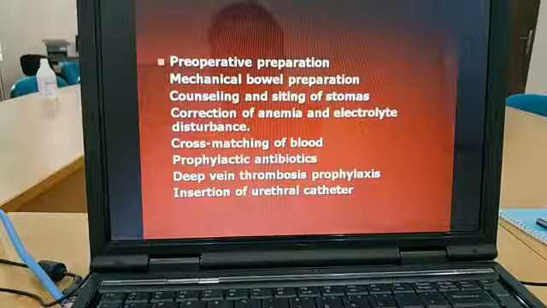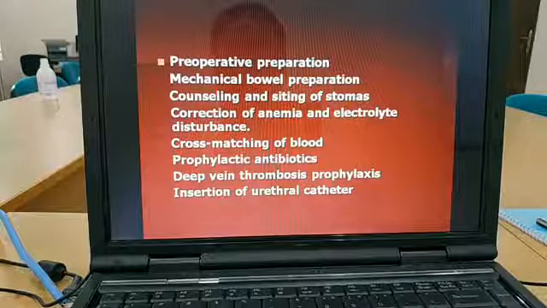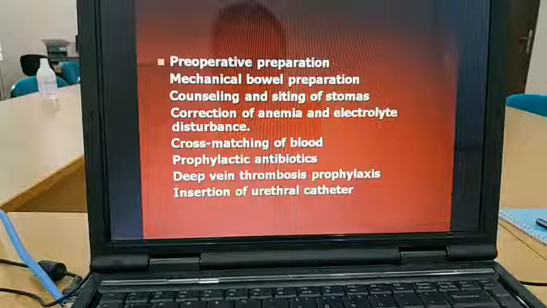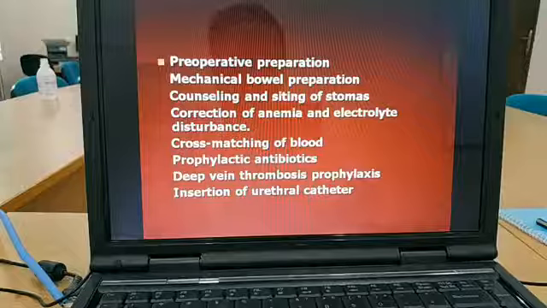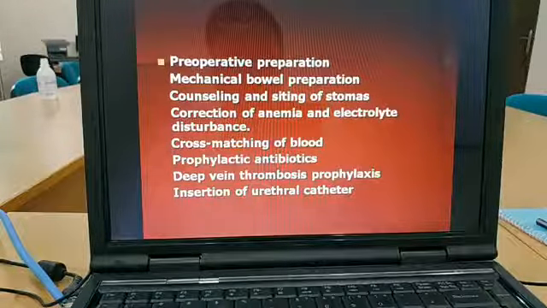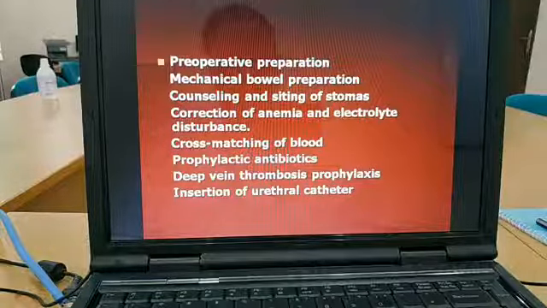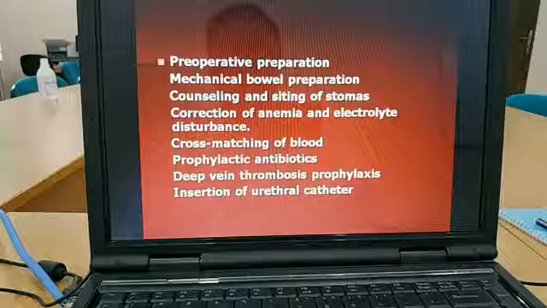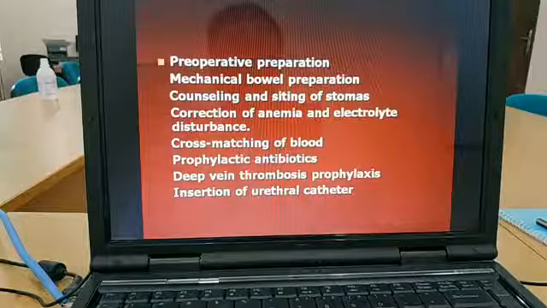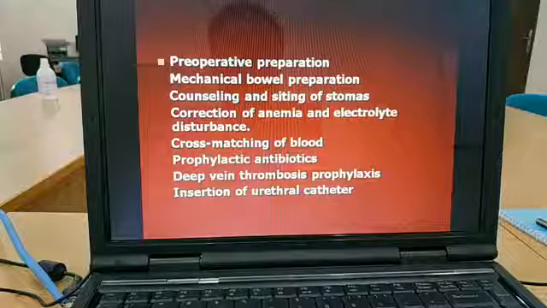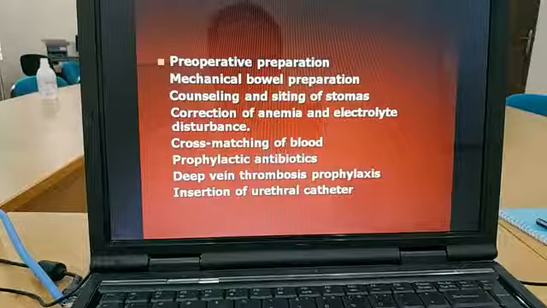So in these patients, you must be very cautious to do deep vein thrombosis prophylaxis using heparin. This is the chemical method. Of course, there are some physical methods also by which you can do deep vein thrombosis prophylaxis. So our aim is not to develop deep vein thrombosis. And of course, before doing this procedure, insertion of a Foley catheter is a must.